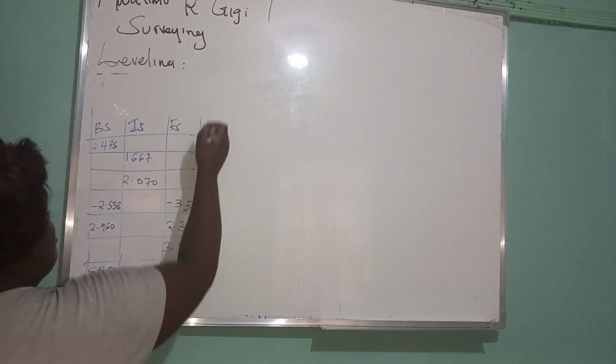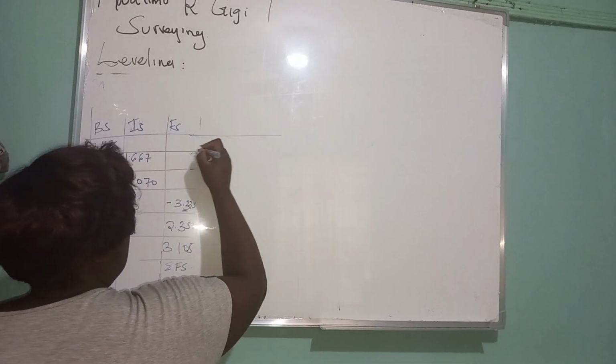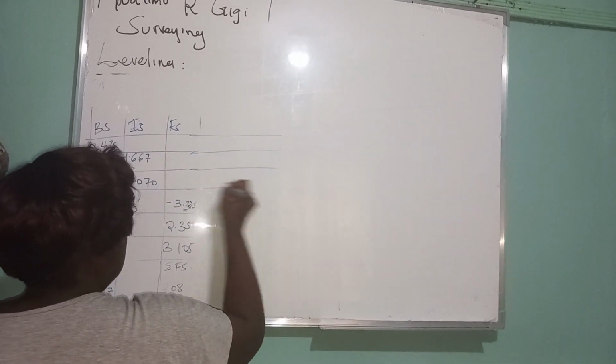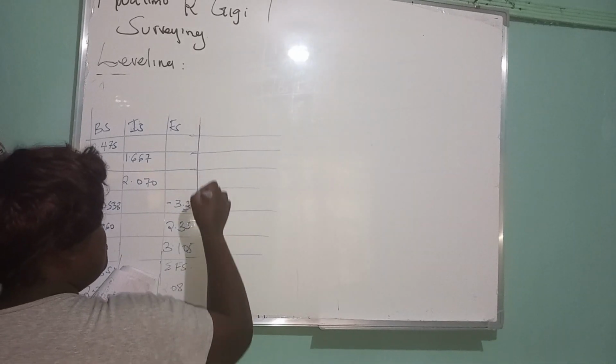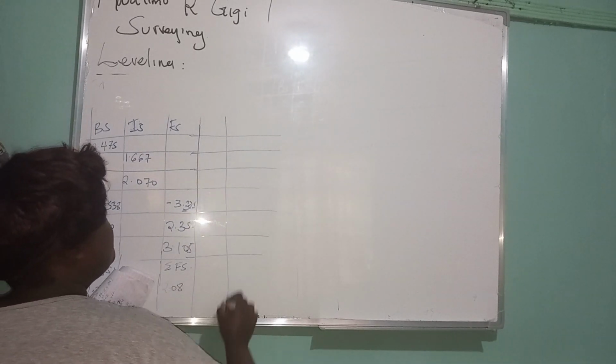So we want to look at the rise and fall method. So we know how to book a rise and fall.